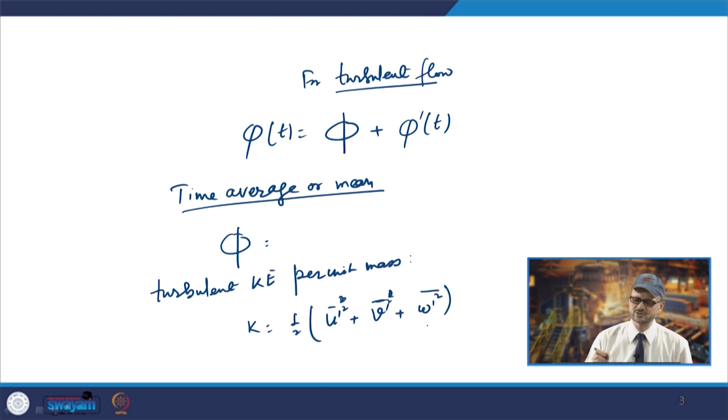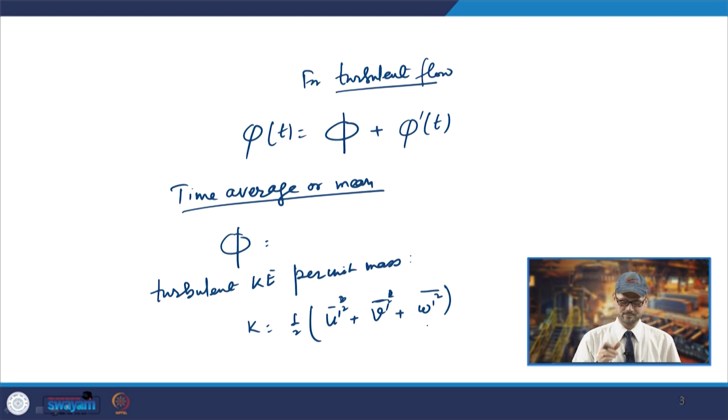Because of this squared fluctuation part, that gives you the turbulent kinetic energy per unit mass, and this is to be taken into account when we deal with turbulent flow modeling.